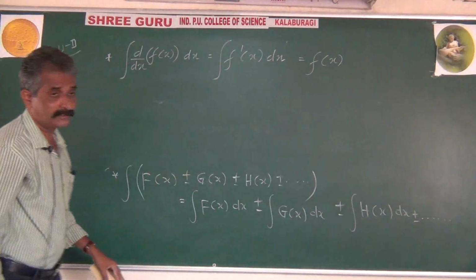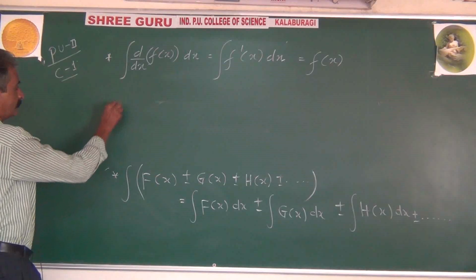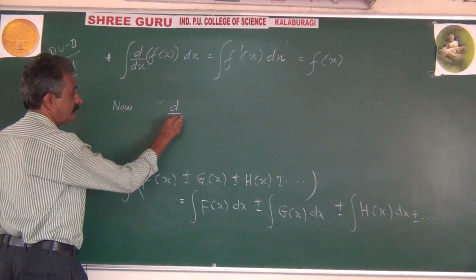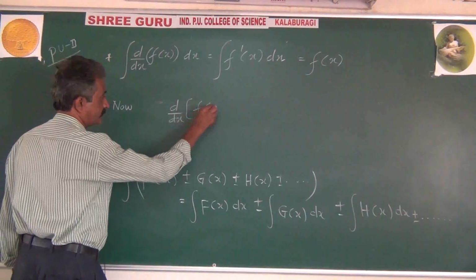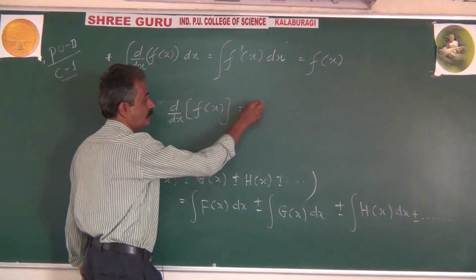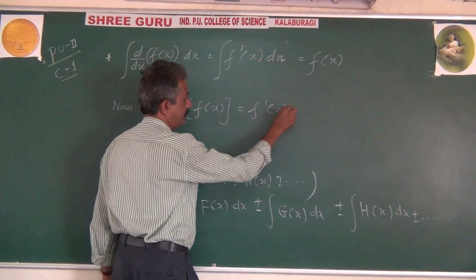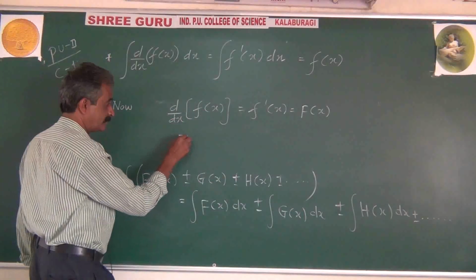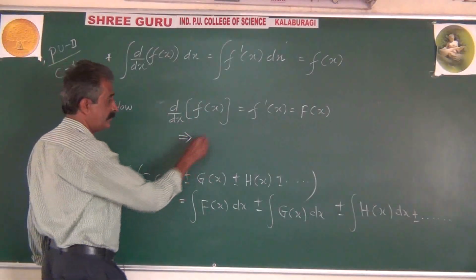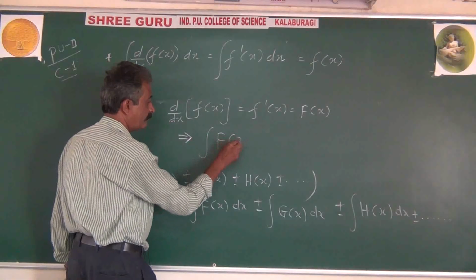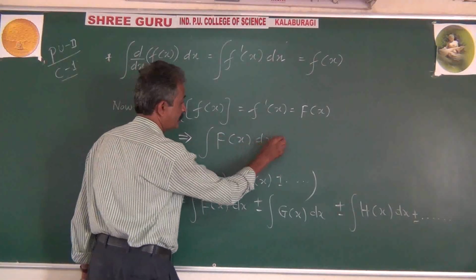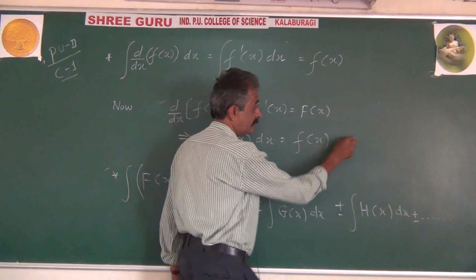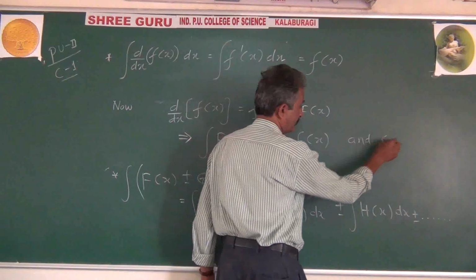Right, also another thing now. d by dx of f of x is equal to f dash x, say capital F of x, which implies that the integration of capital F of x dx is equal to small f of x, and conversely.